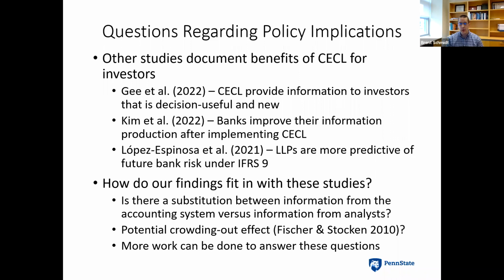Now, we don't need financial analysts to provide this information, so there's less of a benefit for analysts to gather this costly private information. And because of that, they don't gather that information, and that is what leads to the deterioration in the properties of forecasts.